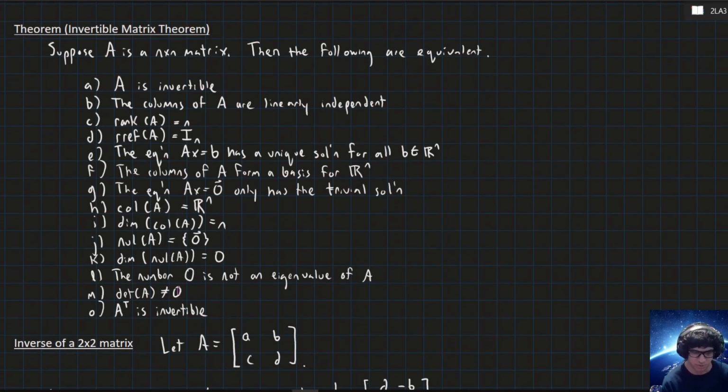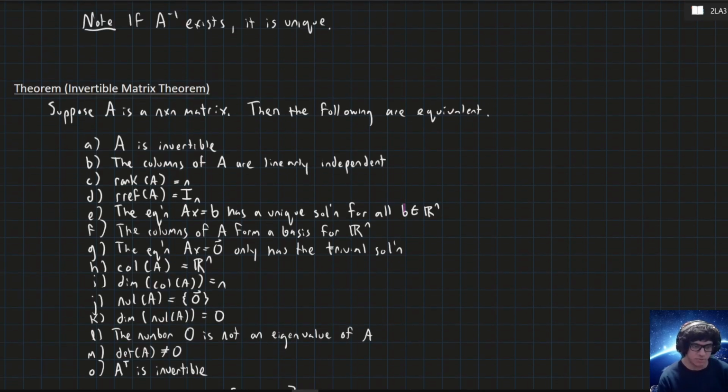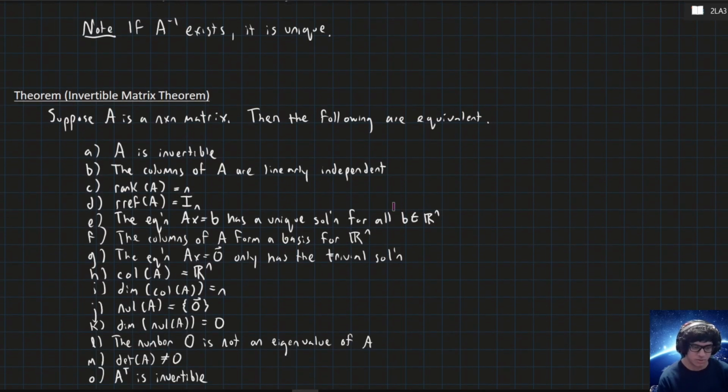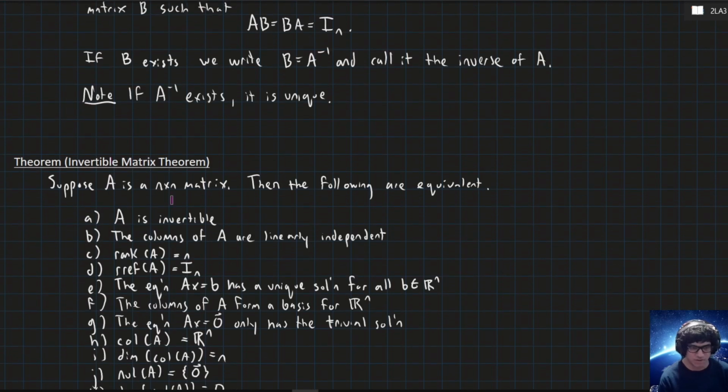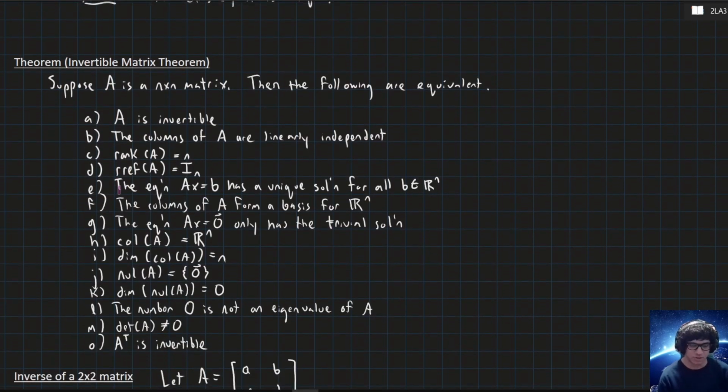We haven't talked about what the determinant is or what an eigenvalue is. So we have a square matrix A. Sometimes it's invertible, sometimes it's not. We have a bunch of tests that are equivalent to it being invertible.